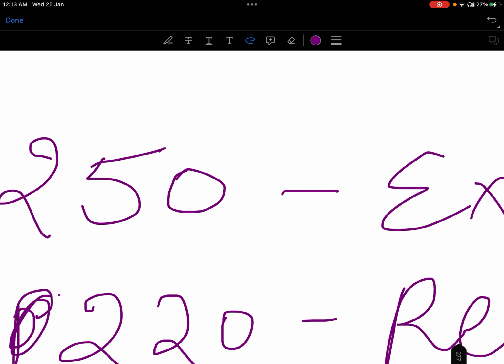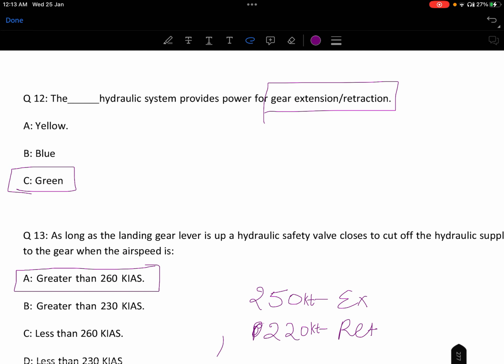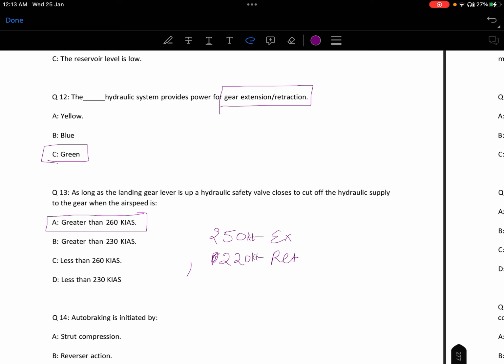Those are the speeds above which you should not, but 260 knots is the speed where this system will not let you do it. Are you getting it?